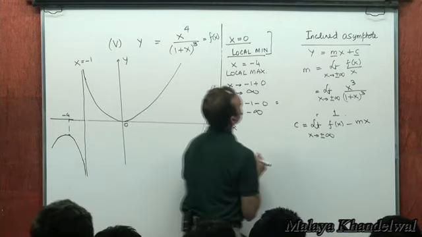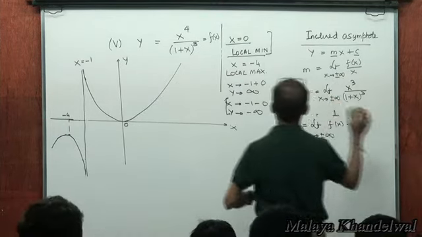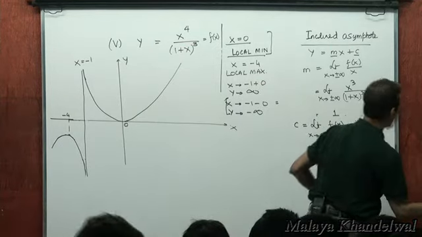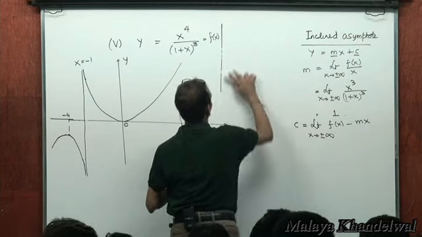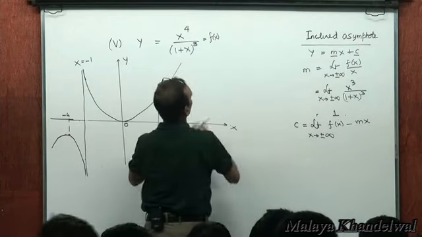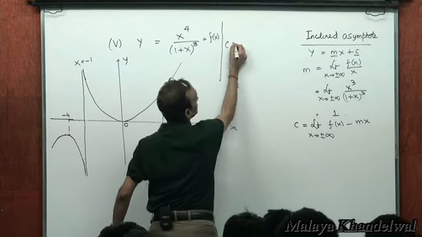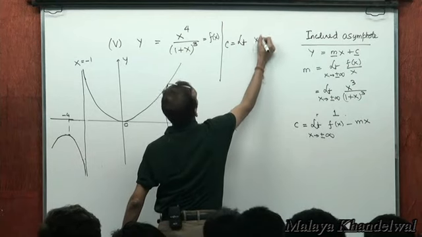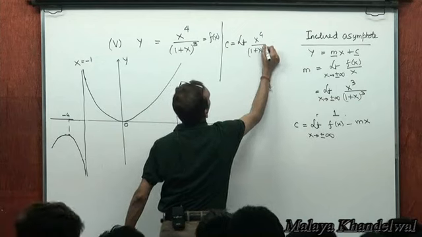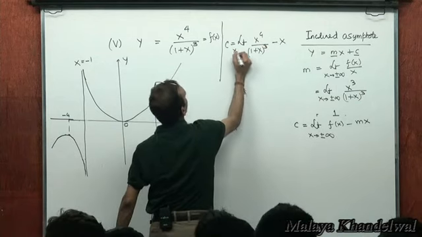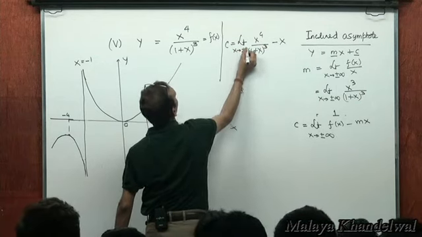Which is to say, c must be the limit of f(x), which is x power 4 by (1 plus x) whole cubed, minus x, as x tends to plus minus infinity.